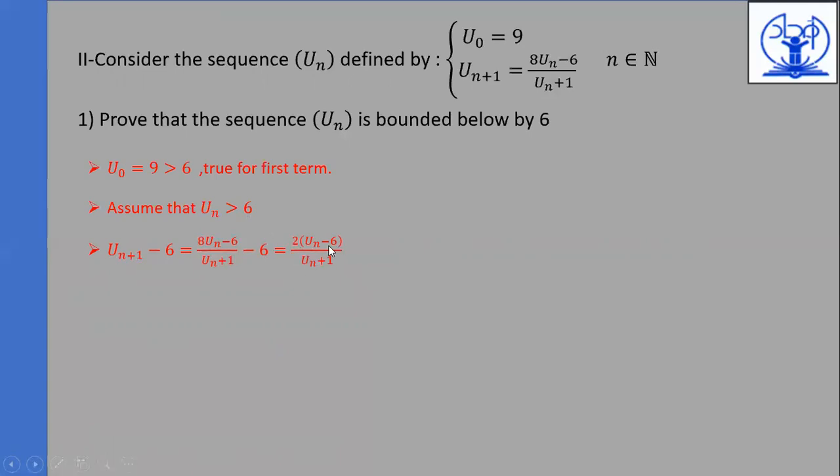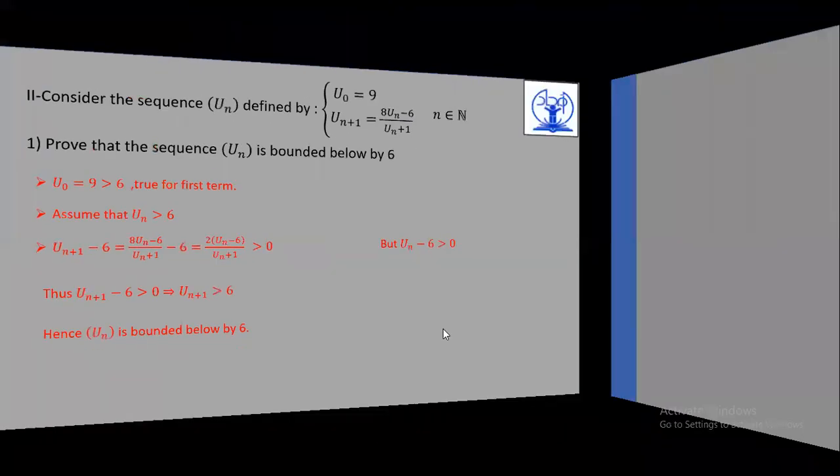Numerator, what about the numerator? Numerator is 2, which is positive, times (u_n - 6). But u_n minus 6 is also assumed positive. So all of this expression is positive, and consequently u_{n+1} is larger than 6. Hence, u_n is bounded below by 6, proven by mathematical induction.